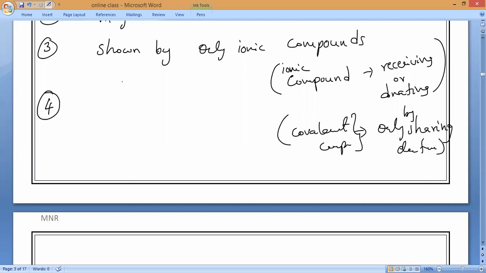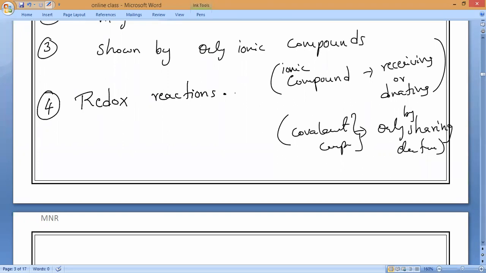If in a single reaction both oxidation and reduction are carried out, that reaction is called a redox reaction. So don't worry about it now. Just remember, all displacement reactions are redox reactions. Anyhow, at the end of this chapter, we are going to study oxidation and reduction reactions, and by then I will teach you what a redox reaction is.